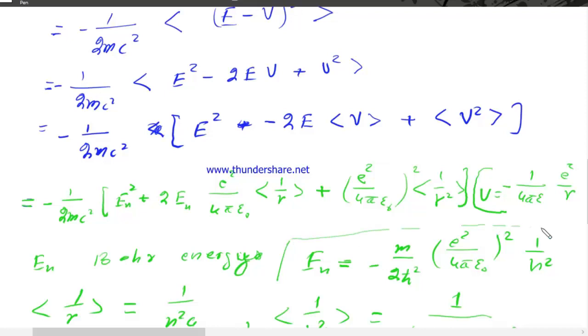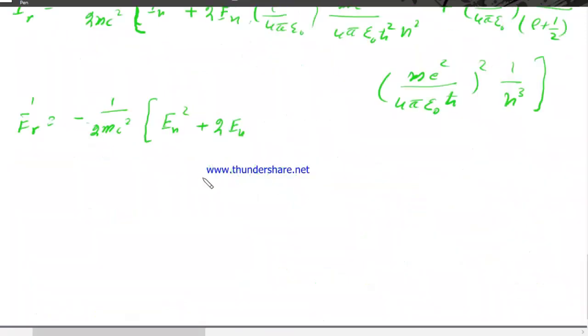Now we transfer these values into this energy value, then we can write this equation, and now we produce 2 and then m divided by 2ħ², then e² divided by 4πε₀ whole squared and 1 over n².